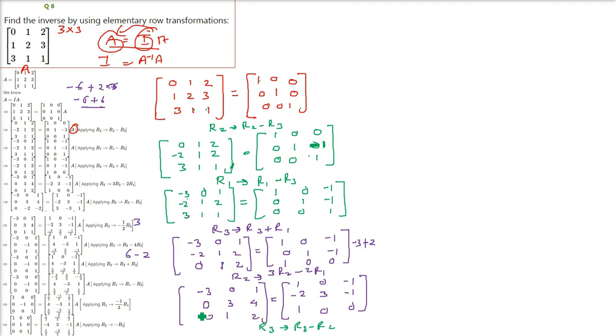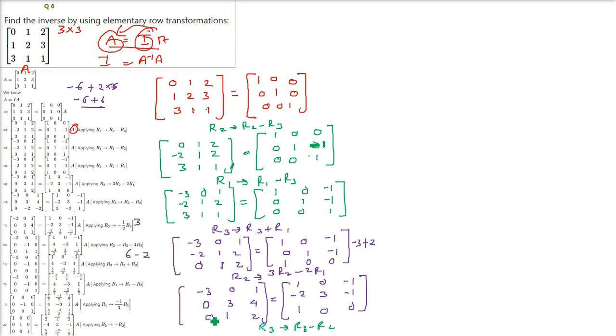Row 3 only will be changed, and that will be changed by subtracting row 2 from row 3. So 0 minus -3 is 3, 1 minus 0 is 1, and 2 minus 1 is 1, because we need a 1 in the diagonal. That is what we are doing. We need 1 in the diagonal and other values to be 0 on the left hand side. Okay. So R3 will be changed to R3 minus R2.